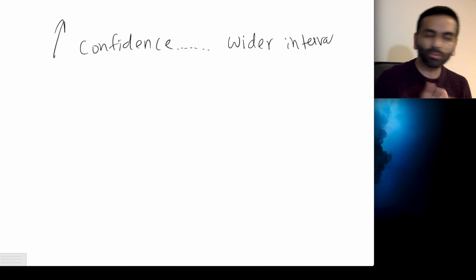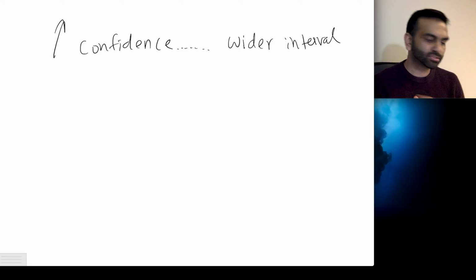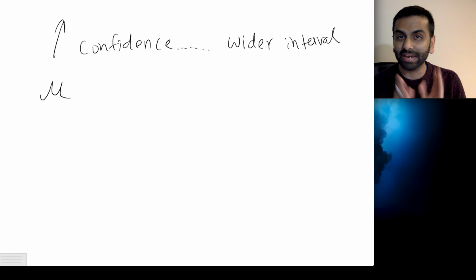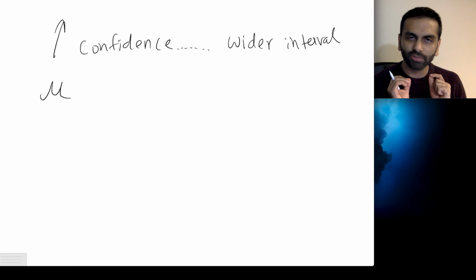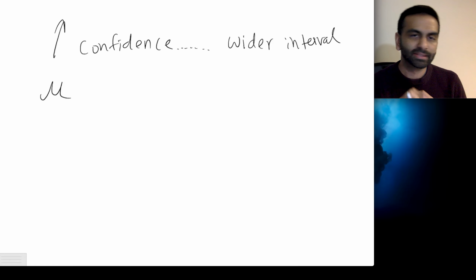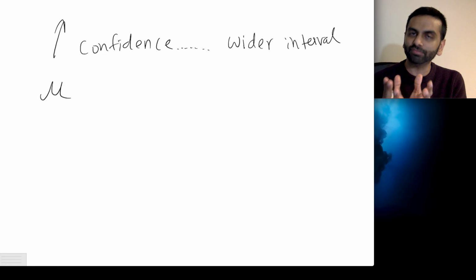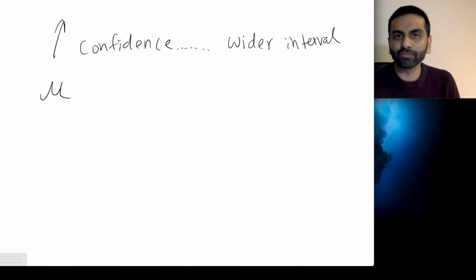So if we want to be 99% confident that the average SAT score falls somewhere within this interval, then that's got to be a broad interval, so that way you're really sure that it's somewhere within there. But notice, broad intervals are also not as useful in practice.